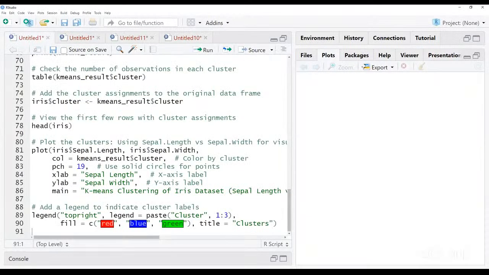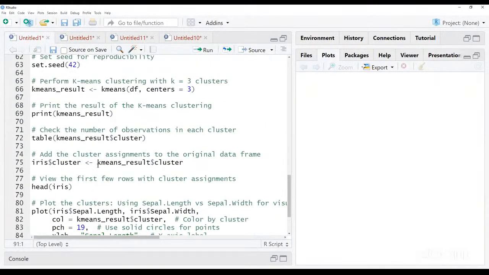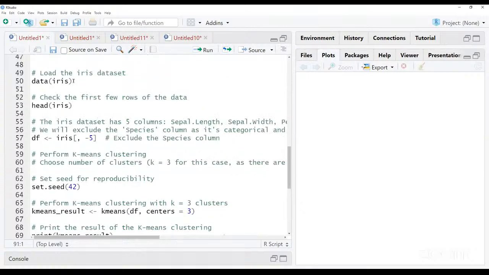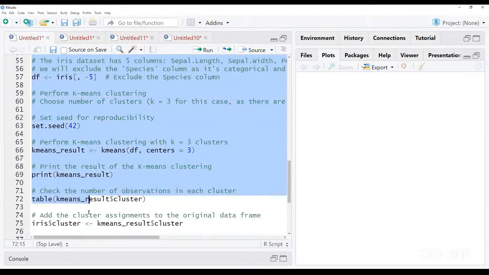Yes, I'm here. So, sir, this is the script. First, we have to load the Iris data set. Sir, I'm running everything in one go, and then we can explain.